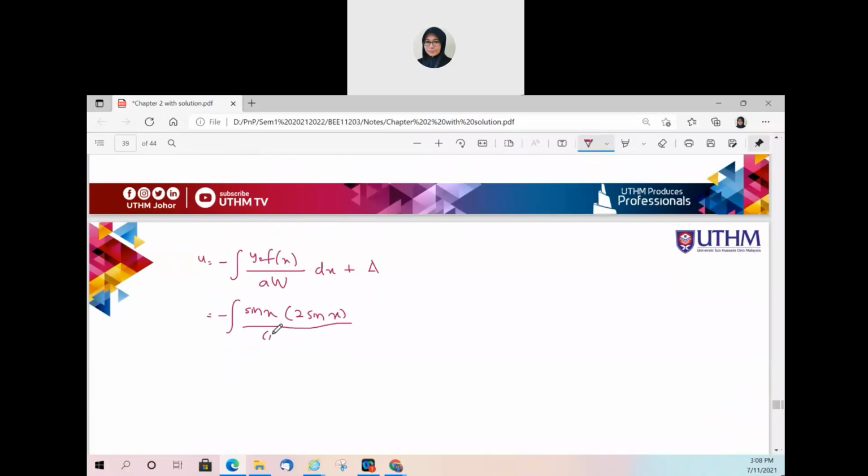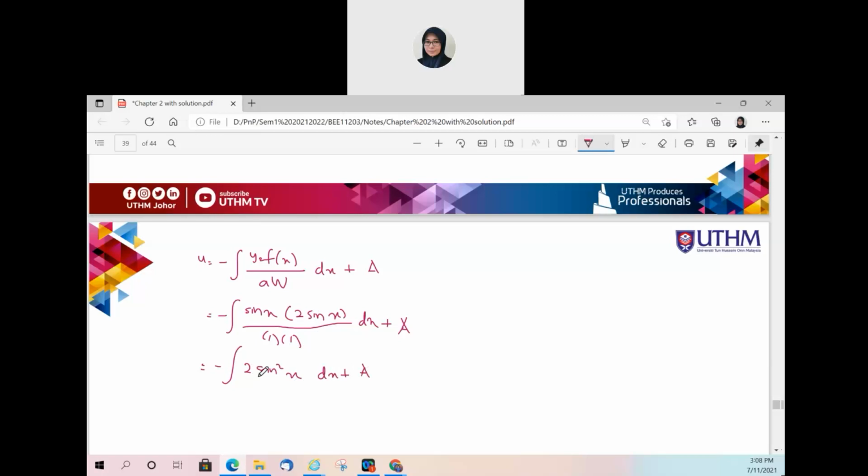So minus integration of sin x times 2 sin x, you will get 2 sin square x divided by 1, dx plus a.